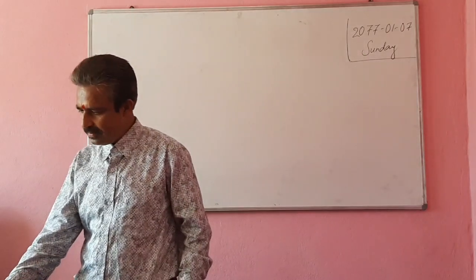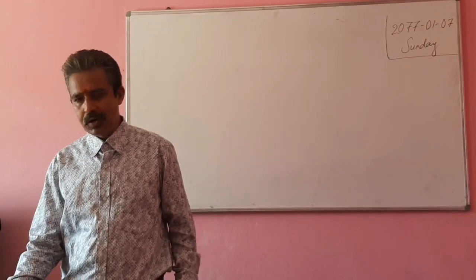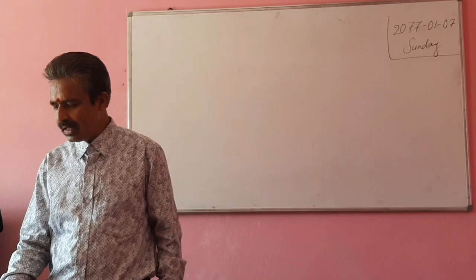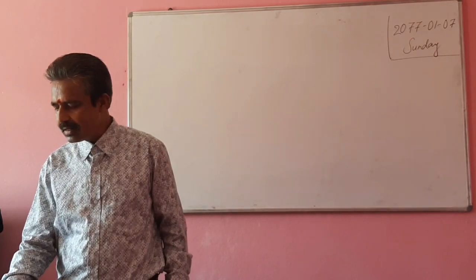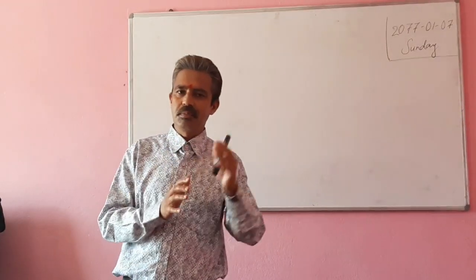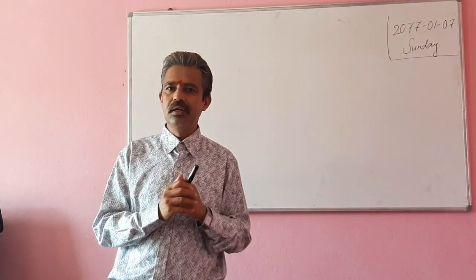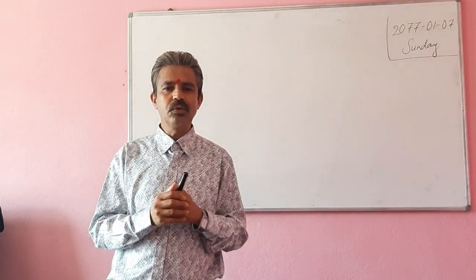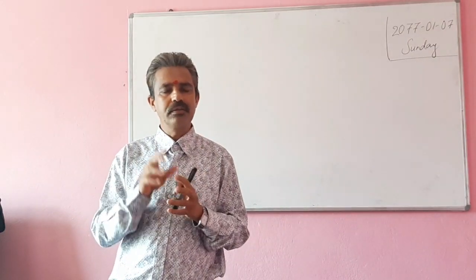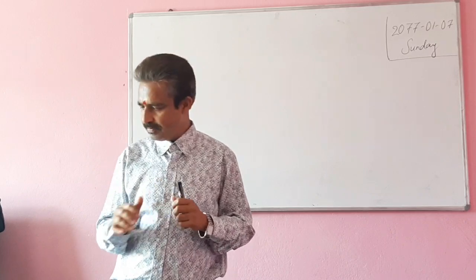The question says, the number of turns in primary coil and the number of turns in secondary coil in a transformer are never made equal. Why? We have to give the reason.